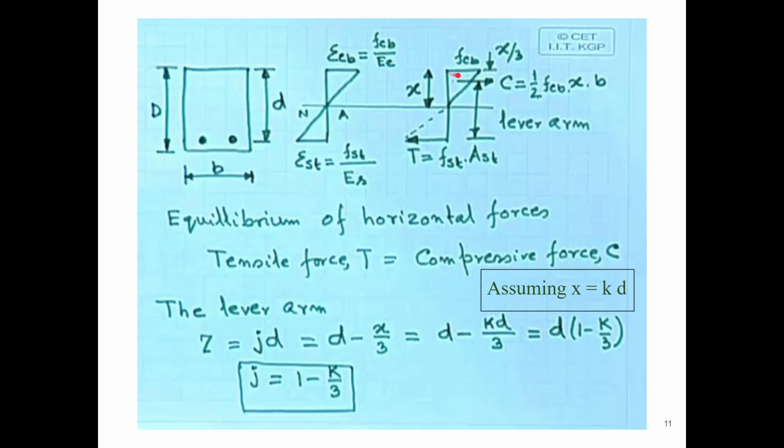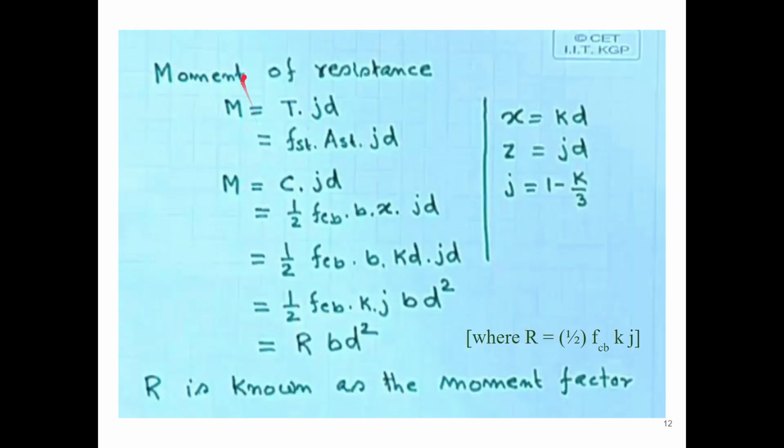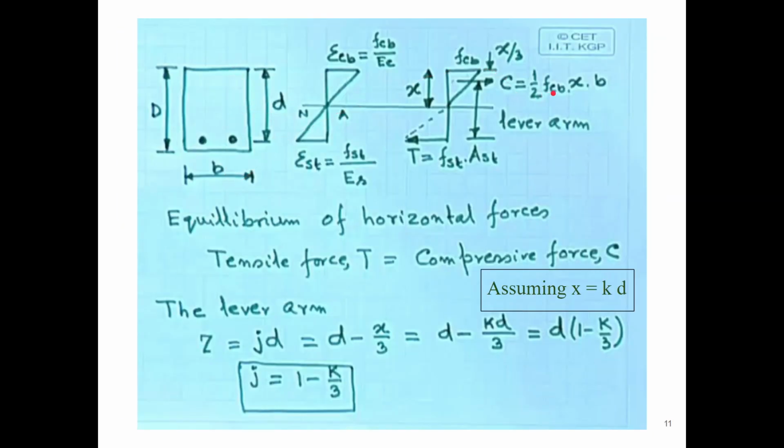As per the diagram, for a unit width it will be half into FCB into X. But the section has a width B, so it will be multiplied by B, and this will be the total compressive force, which we designate as C. We draw it reversed only to denote that this is compression and this is tension; it doesn't have any other significance.